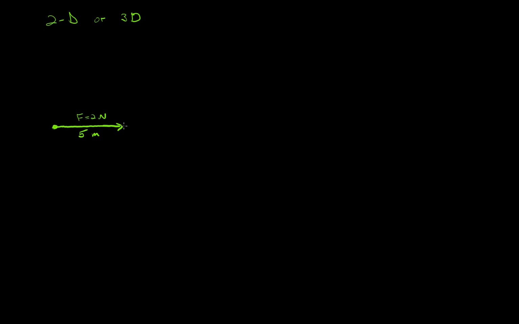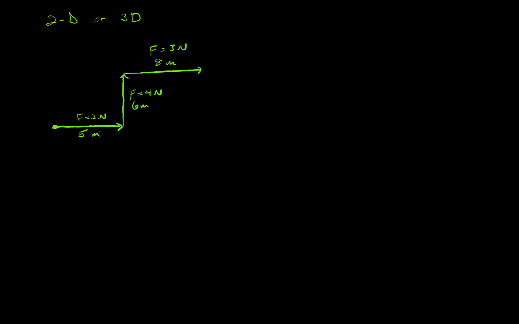And then we move it this way with a force of 4 newtons for 6 meters. And then we move it this way, a force of 3 newtons for 8 meters.